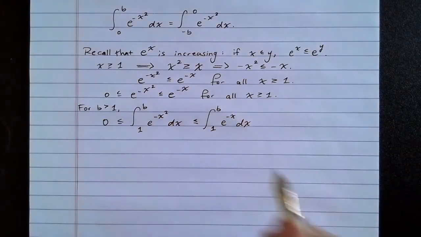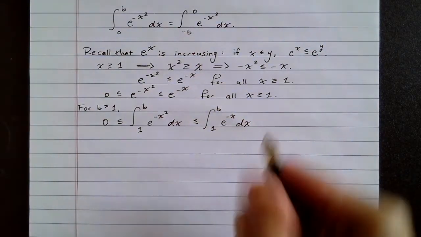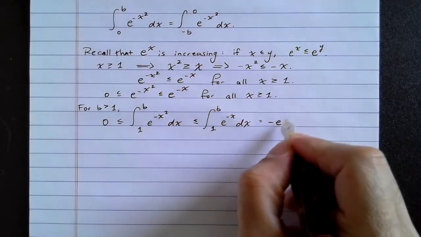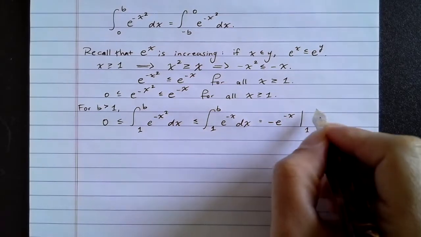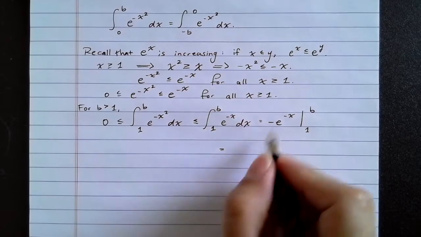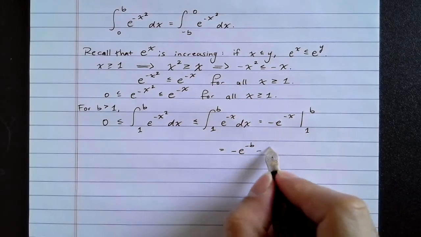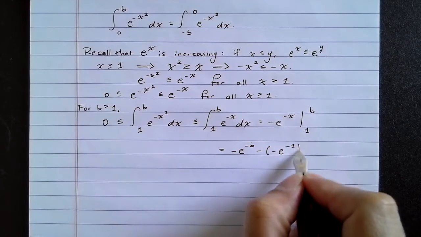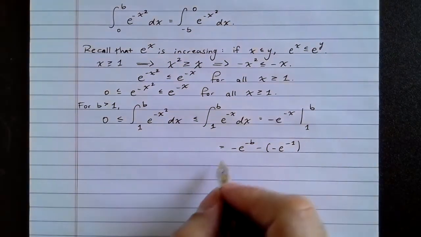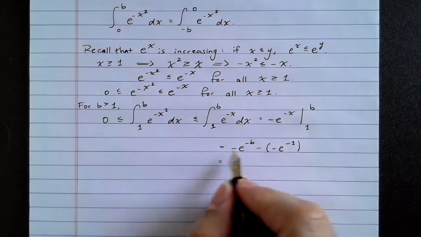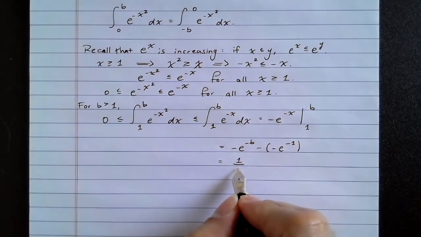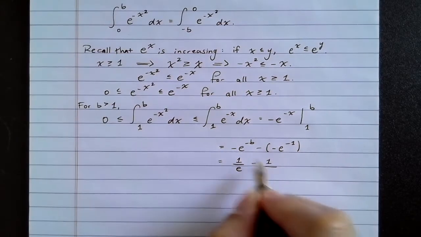And this is an integral that I can evaluate. If I plug in b, simplifying, this is equal to 1 over e minus 1 over e to the b.